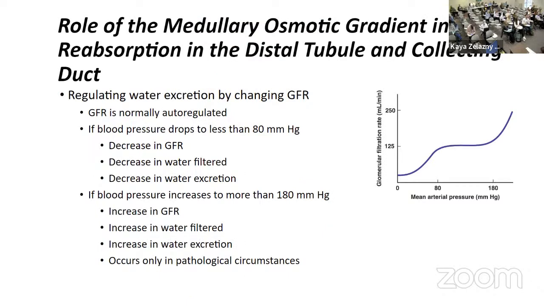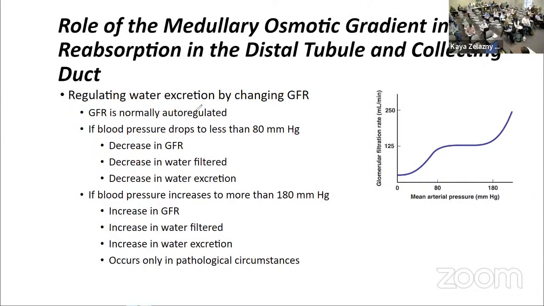So another way that water excretion does get kind of regulated, if we're thinking big picture, is by changes in the glomerular filtration rate. Okay, so usually we have auto-regulation of that glomerular filtration rate.